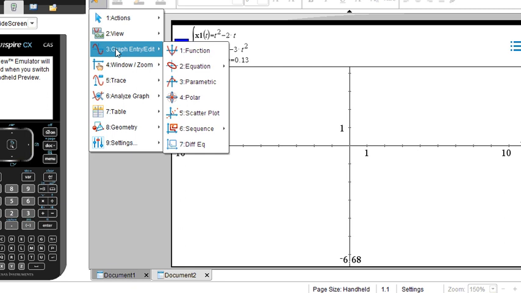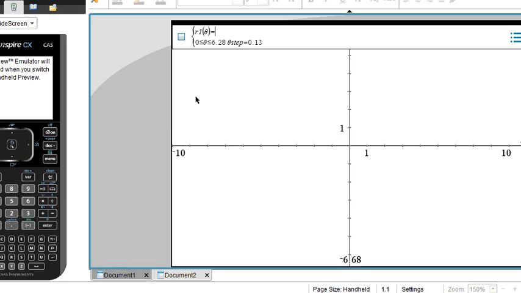We were talking about how calculators have different modes, and on your calculator, func is the one that's normally highlighted. Parametric is the one we've been working in for the last week. But if you ask for polar, oh, that's a fun thing now, isn't it?